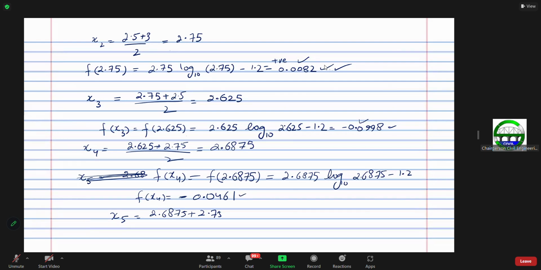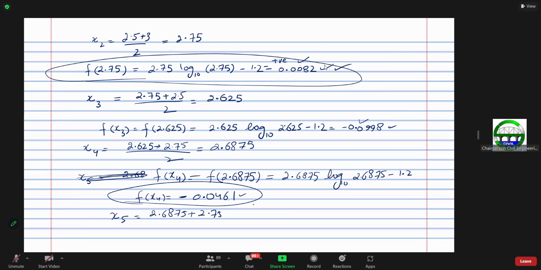So for negative and positive, you have to take the interval between x4 and x2. So now this will be equal to 2.71875.